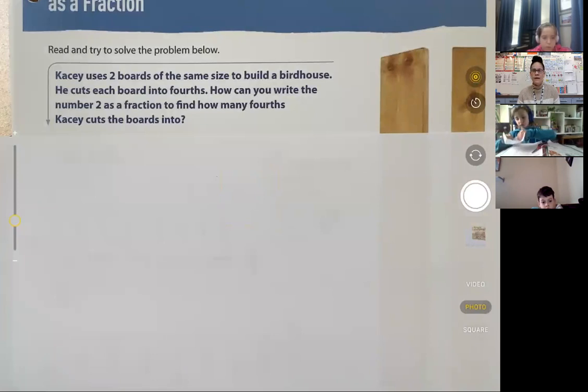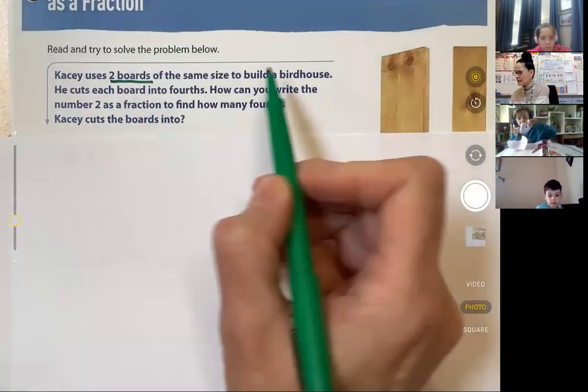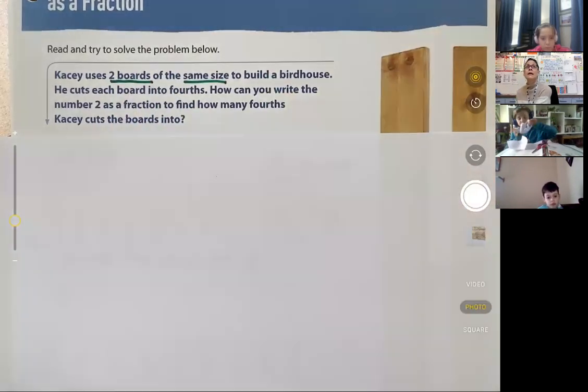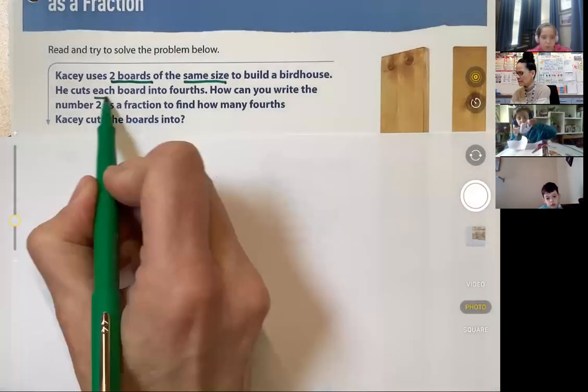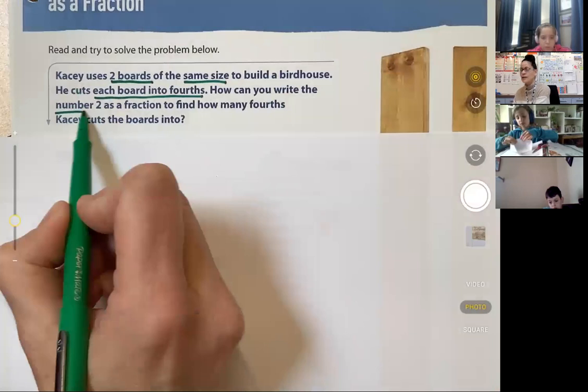This is a lot of information, friends. We're going to go back and do a second read, and this time we're going to do a close read and mark it up. So Casey uses two boards, same size. He cuts each board into fourths. How can you write the number 2 as a fraction?